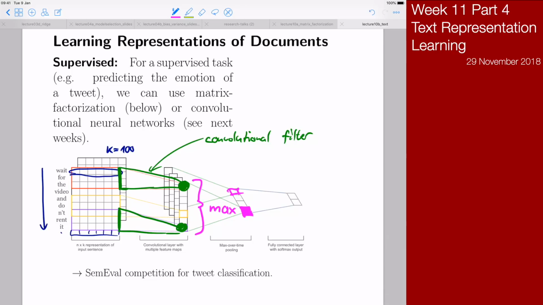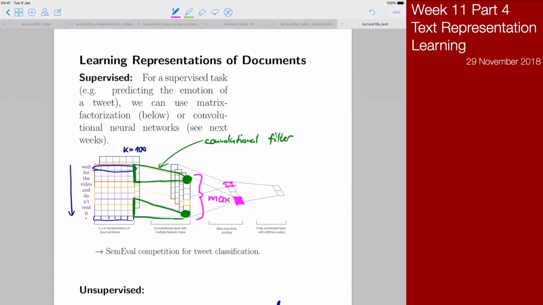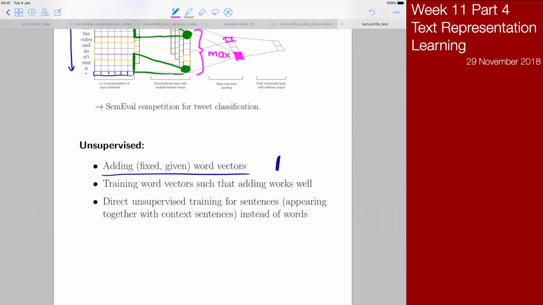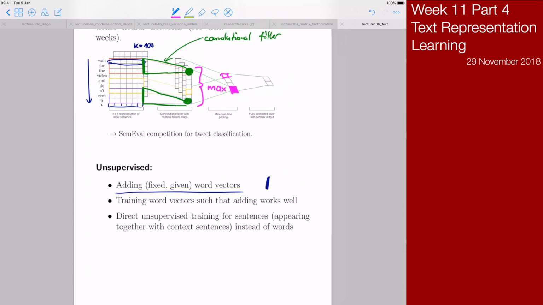Okay, this is state of the art for text classification, basically. And there are lots of libraries around. You can download this and play around with it. But it's not so much better than actually just adding up the word vectors, which is even simpler.